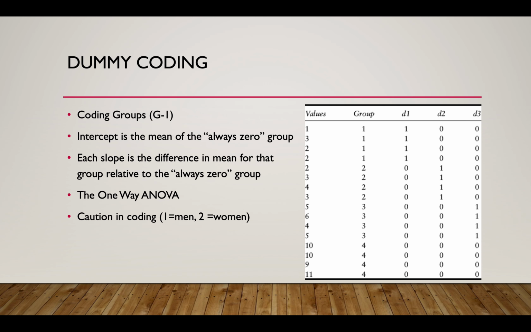A cautionary tale when you are doing dummy coding. A lot of times you'll see people code men as 1 and women as 2, or some other type of coding system like this. If you do this, bear in mind that there is no zero group here, only some hypothetical zero group out there.